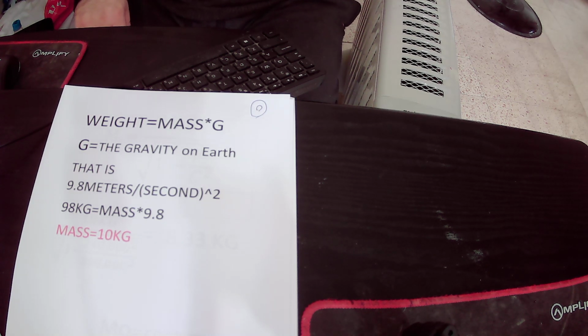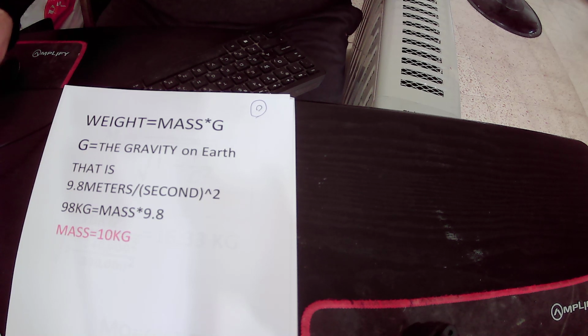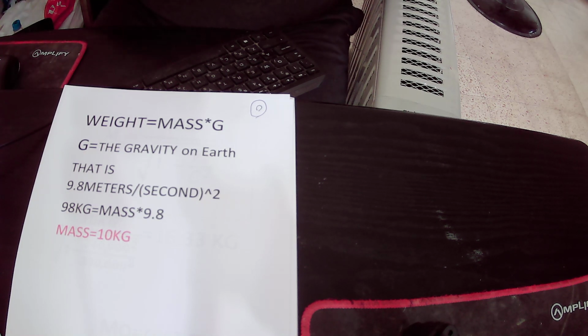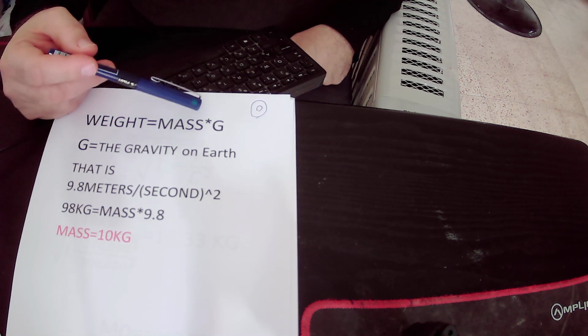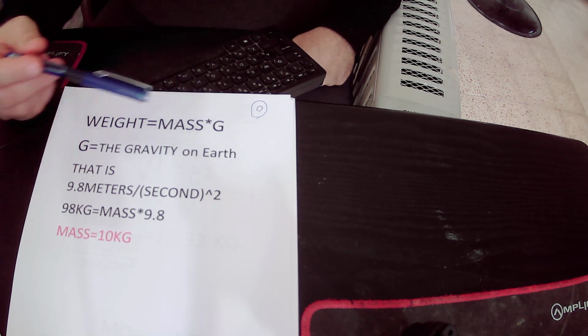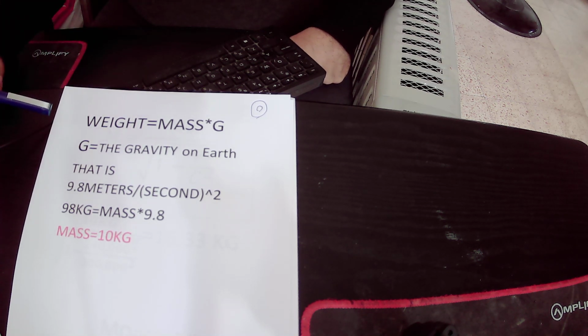What is the mass of the twin brother that weighs 98 kilograms on Earth? So the equation is weight equals the mass times g. g is the gravity on Earth.